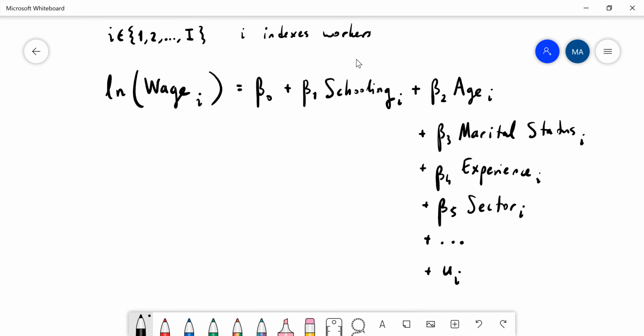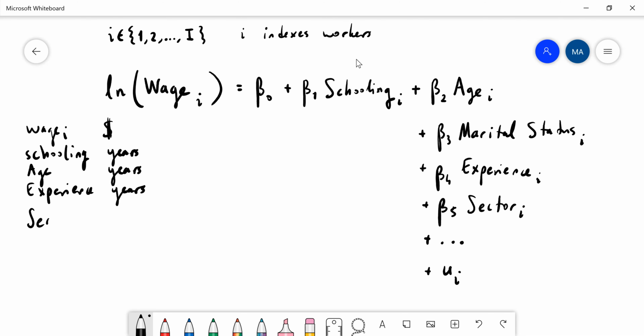Now here wage is in, let's say, dollars, okay? Schooling is in years, okay? Age is also, of course, in years. Same is true for experience.